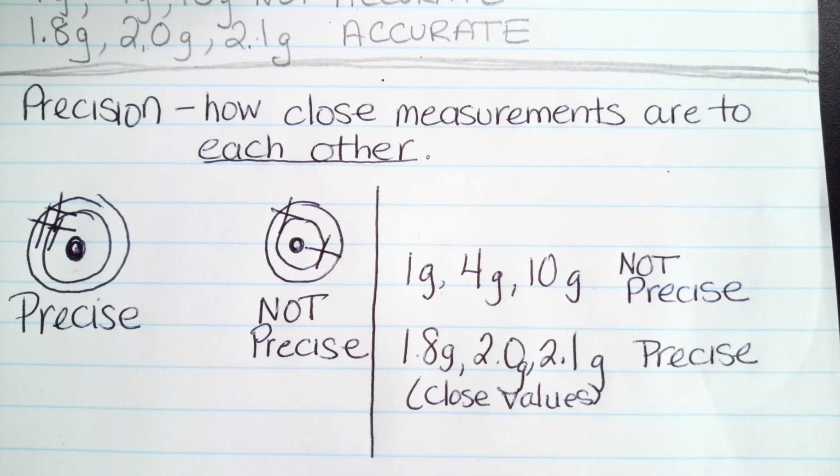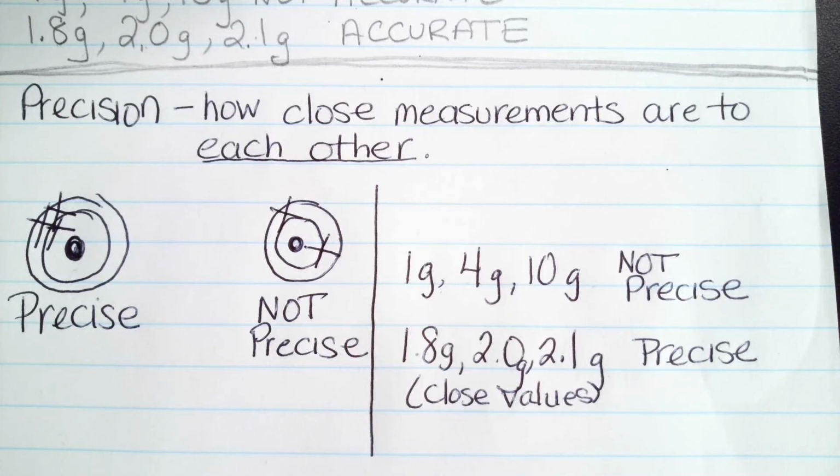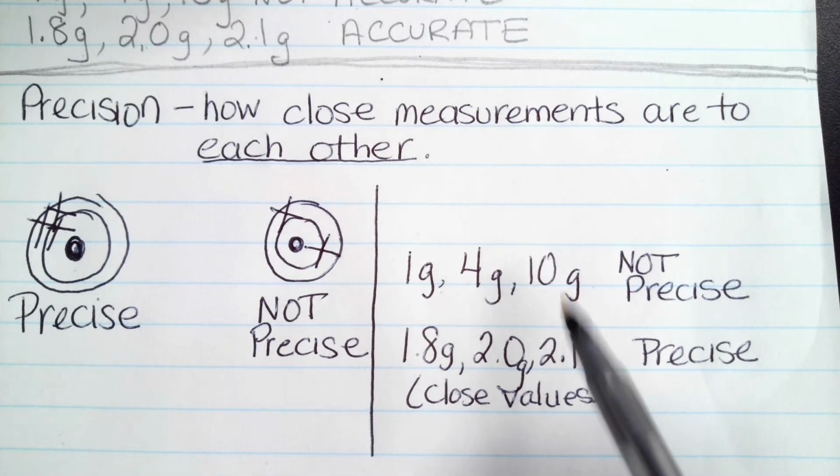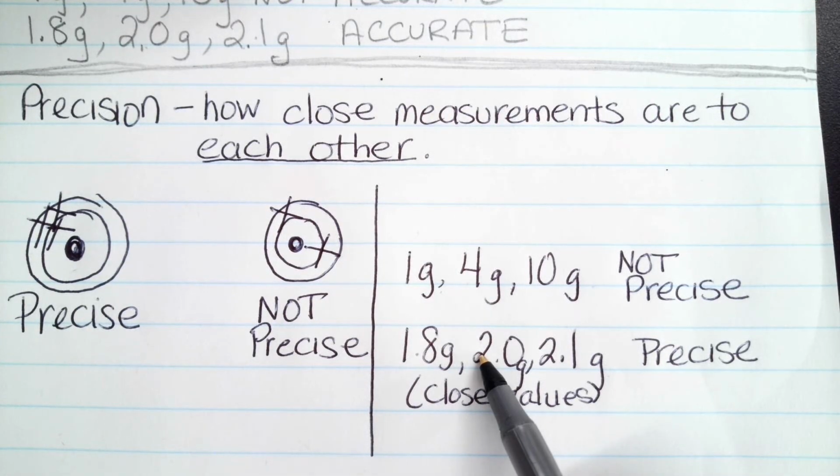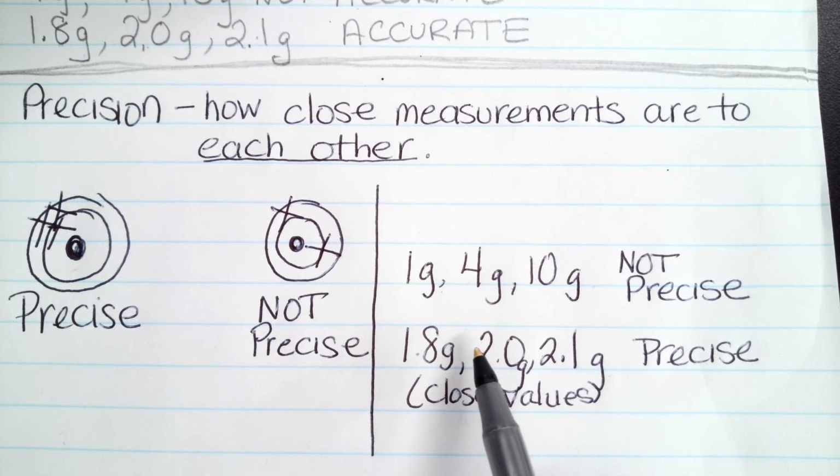So this is actually the end of the notes. The only thing that I want you guys to do, I'm going to pull this back down if you need to write this. See how I use the same numbers? I want to make sure that you know that this is precise because the values are close.